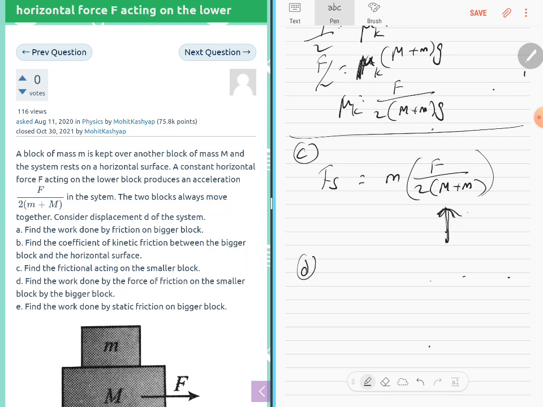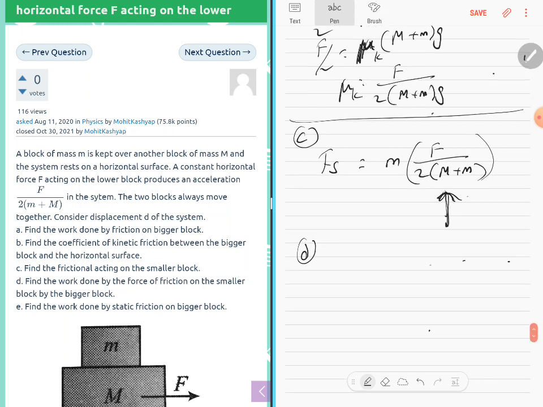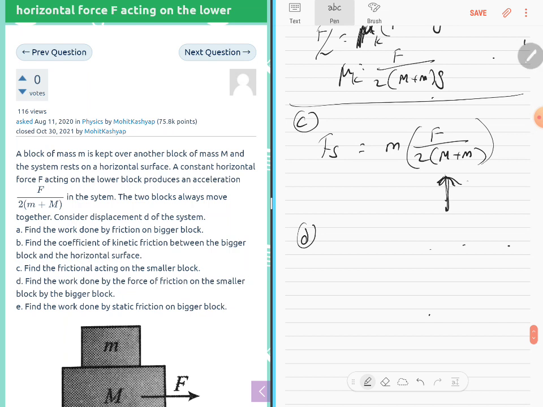D is to find the work done by the force of friction on the smaller block by the bigger block. You already know that in between the top and bottom there is only static friction. So the work done by the force of friction on the smaller block by the bigger block will be Fs into d.